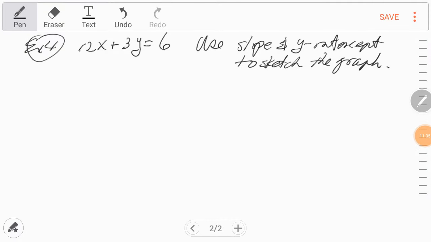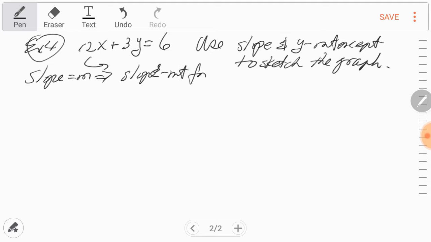In this example, let's do the same thing. We will graph this linear equation using the slope and the y-intercept. So what is the slope? To find the slope, we have to rewrite this in slope-intercept form, y equals mx plus b. So let's rewrite the equation.